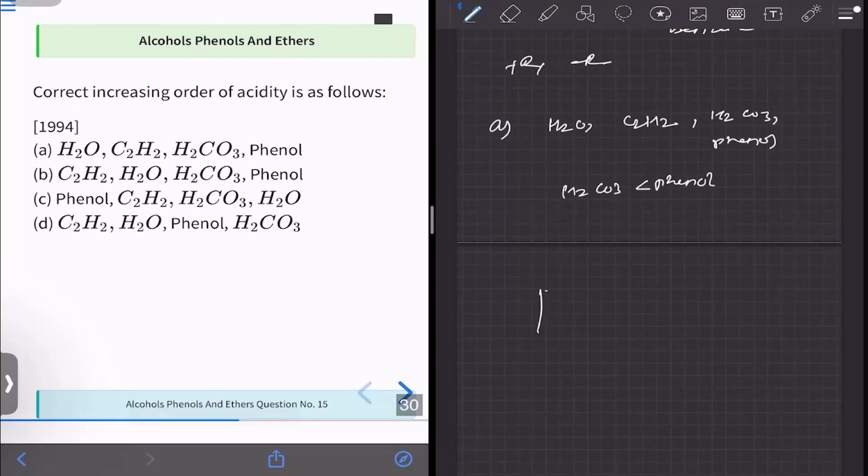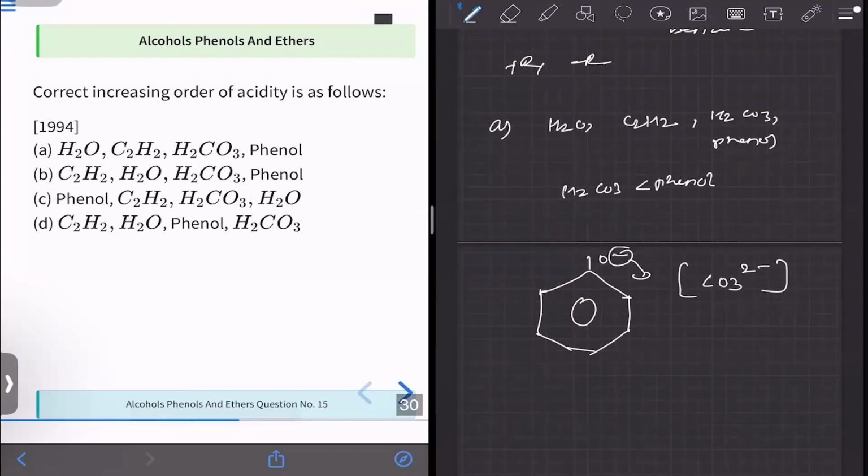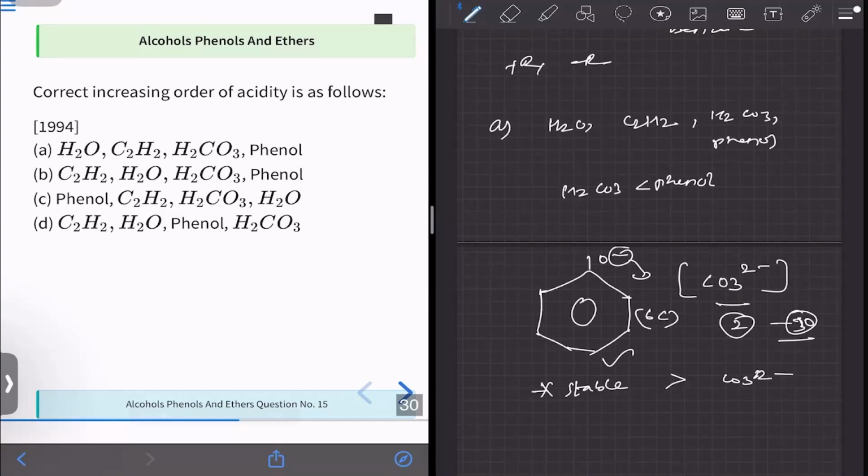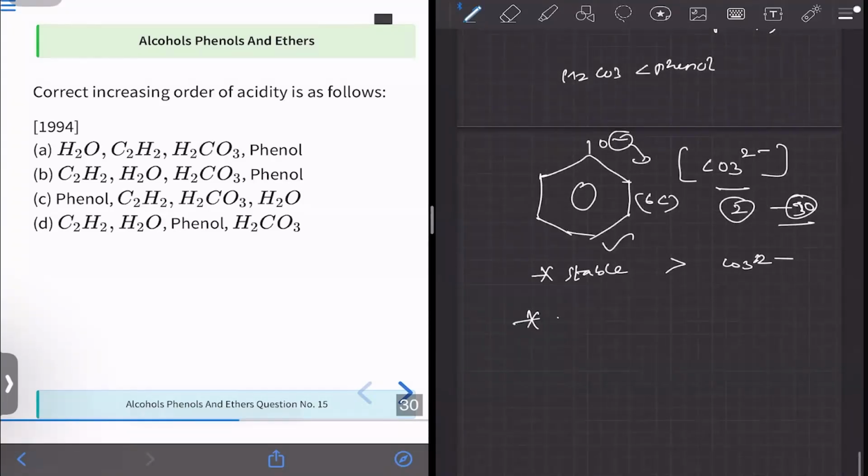In phenol, the phenoxide ion is stabilized through delocalization, and CO3 minus 2 is also stabilized. Here one charge is delocalized between 6 carbons, whereas here two charges are delocalized between one carbon and 3 oxygen groups, so this is more stable as compared to CO3 minus 2. So acidic nature will be more in phenol as compared to H2CO3.